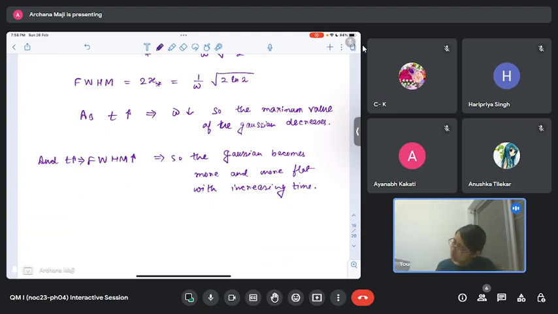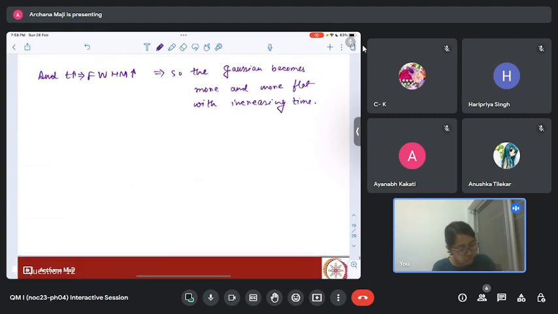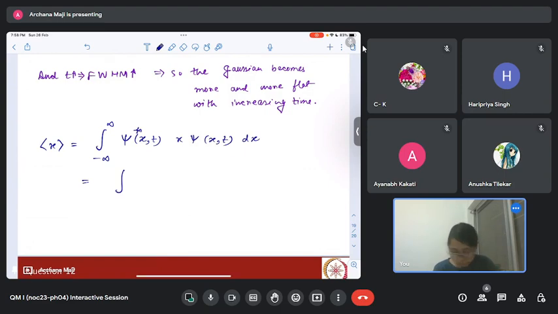Now this expectation value of x is easy because the answer will turn out to be 0. Let me just say that, and the other things I will leave for you. So expectation value of x is the integral from minus infinity to infinity of psi star x comma t, x, psi x comma t dx. What is psi x comma t?